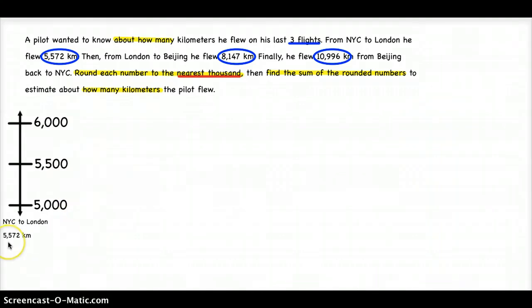If the original number was 5,572 kilometers, I place that on my vertical number line, and I see that it's closer to 6,000 than it is to 5,000. So my first distance rounds to 6,000. I need to use the exact same process for the other 2 distances.